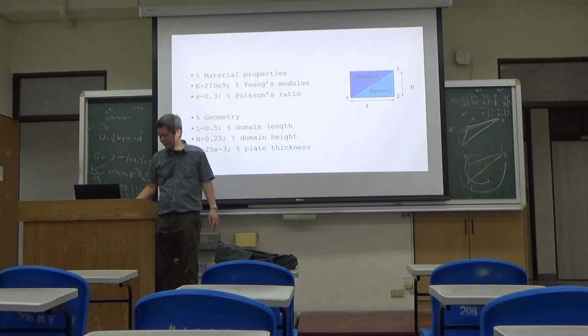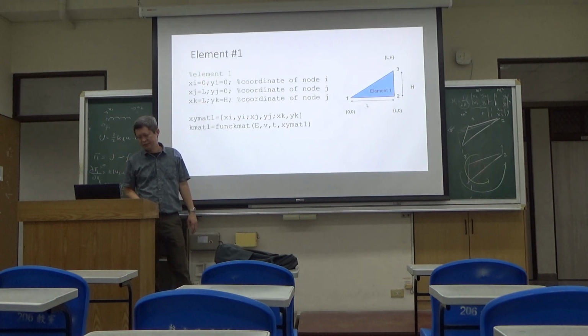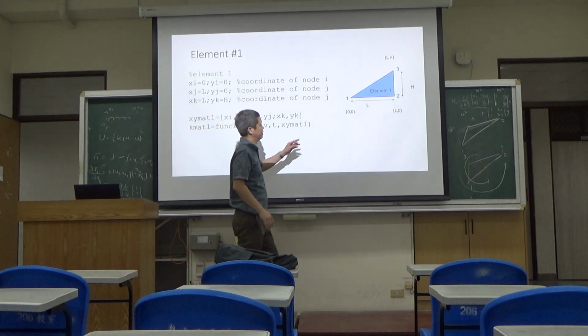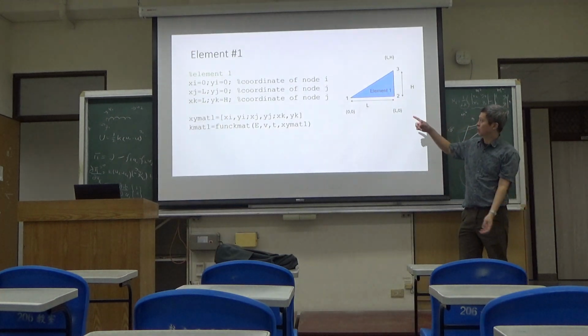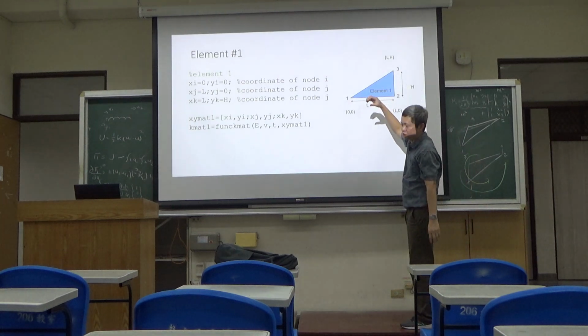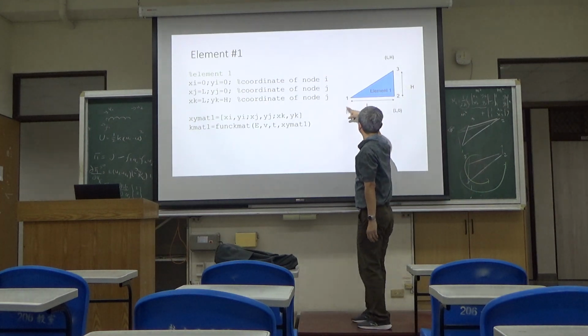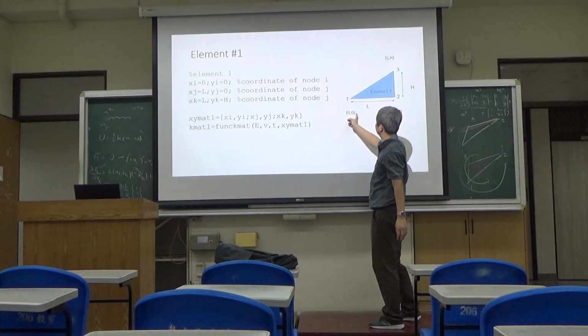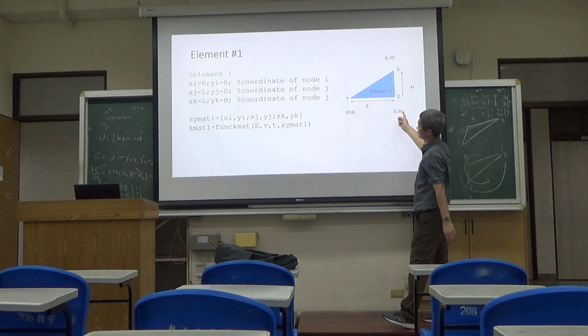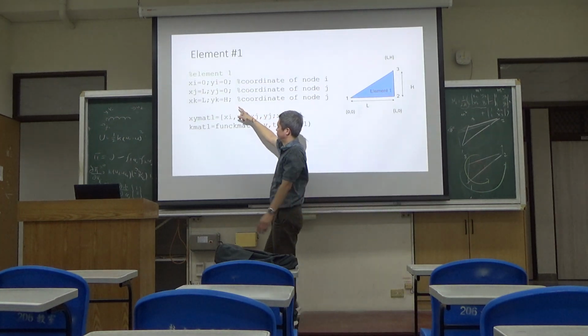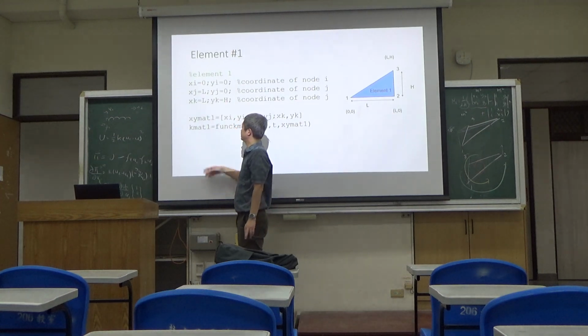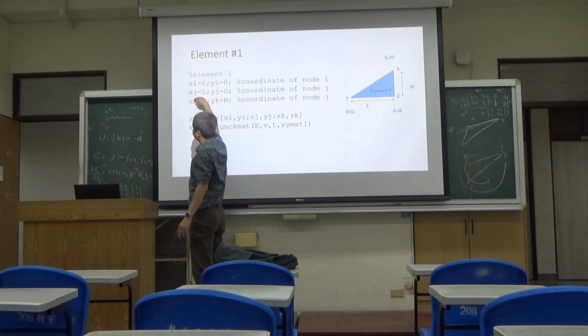And then next, define the coordinates 1, 2, 3 in counterclockwise order. So this is 0, 0 for node 1, this is L, 0 for node 2, and this is L, L for node 3. So in this sequence, I, J, K.